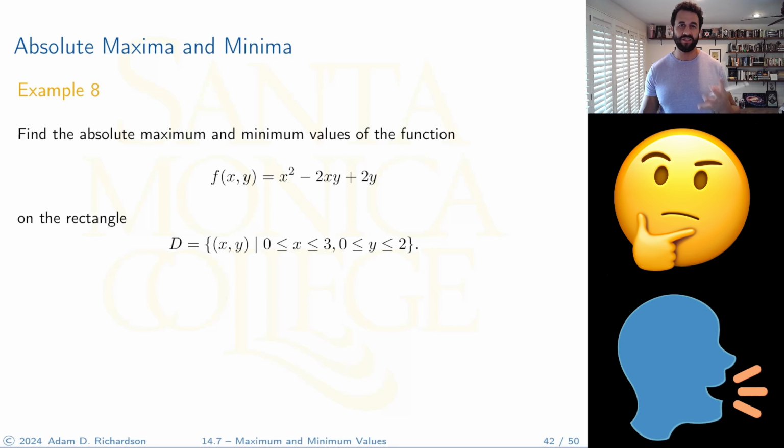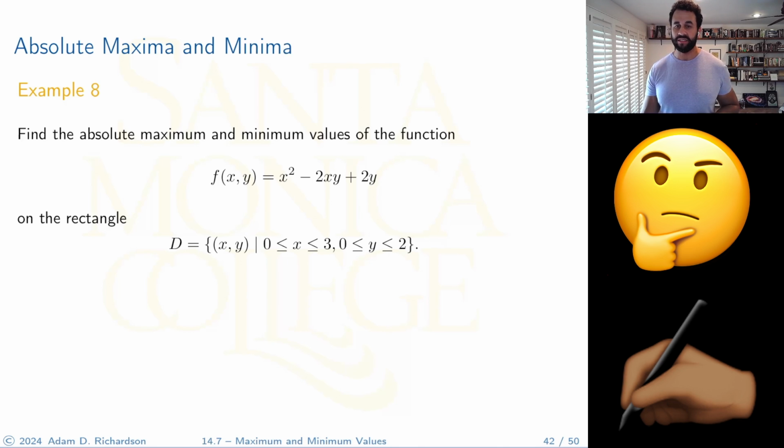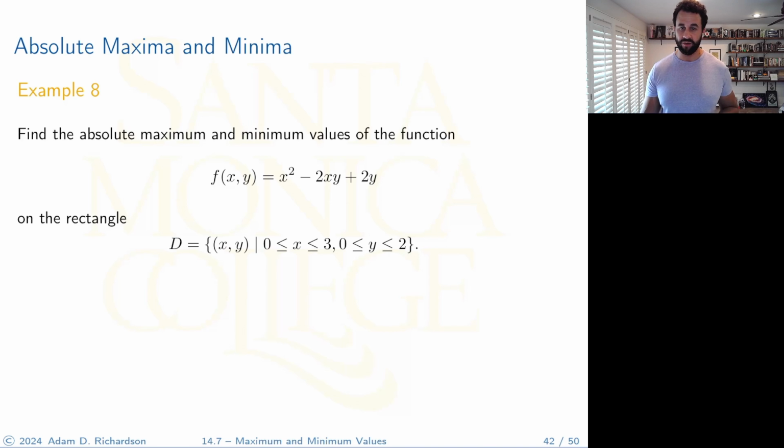Like, what do you think you need to do first? Okay, and now what I want you to try is to find the local minimum and maximum values of the function the same way that we did before, and then we're going to look at what to do on the boundary. Right, okay, here we go.